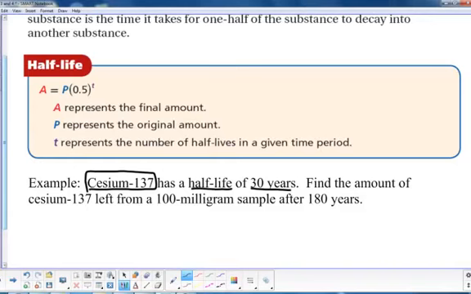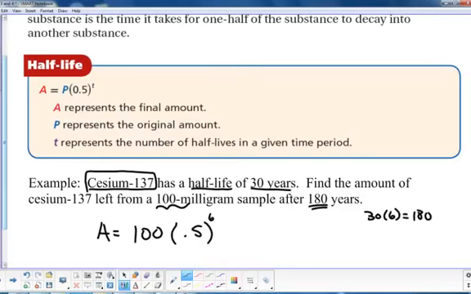So we start with 100 milligrams. The amount is our initial amount times our constant multiple, which is a half, and it halves every 30 years. If I want to know how many halves I have in 180 years, 30 times 6 is 180. So I would be putting a 6 up there.